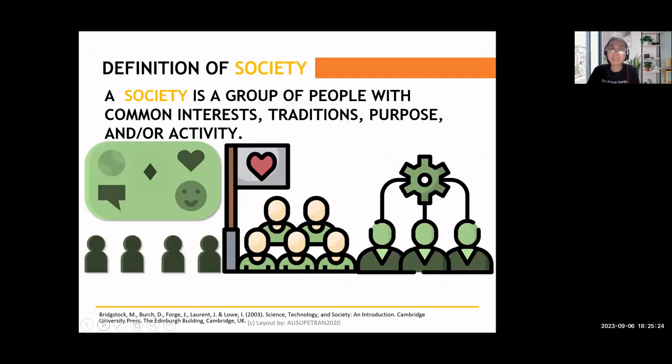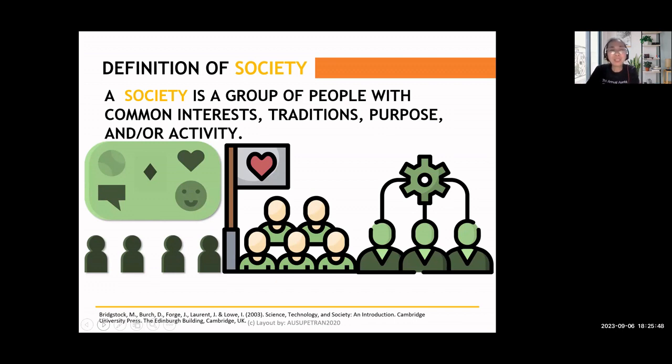So, how do we actually define society? Society is a group of people with common interests, traditions, purpose, and or activity. We can somehow relate society to, let's say, a nation. If we want to express something on a larger scale, we call that a society.